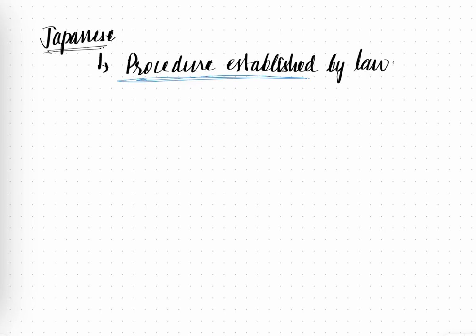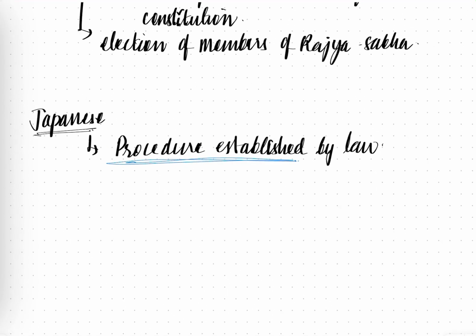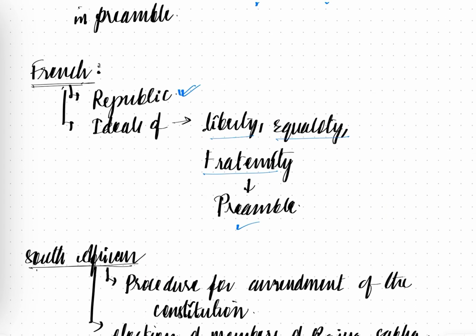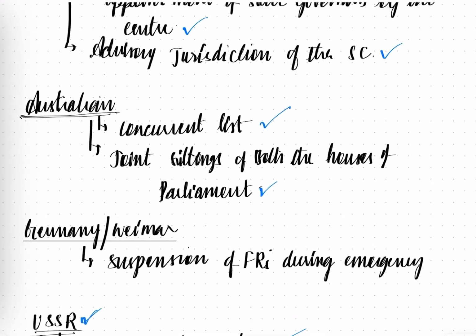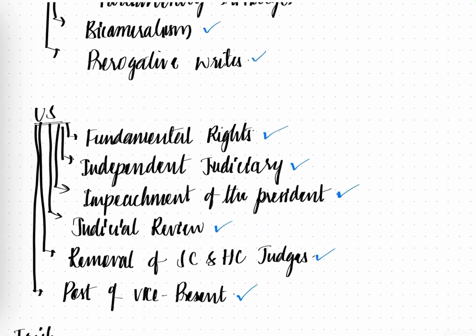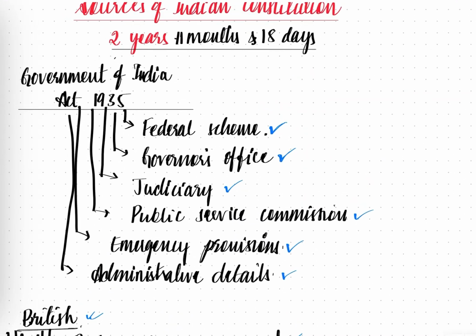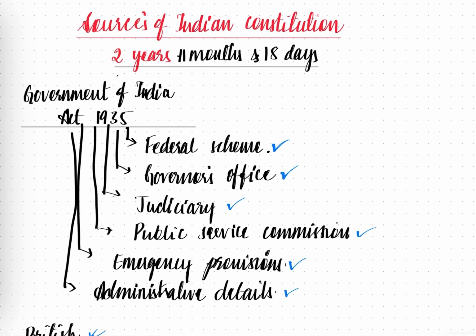So these are a few of the articles we have borrowed from various countries. So that is what we have seen, the sources of the Indian constitution.